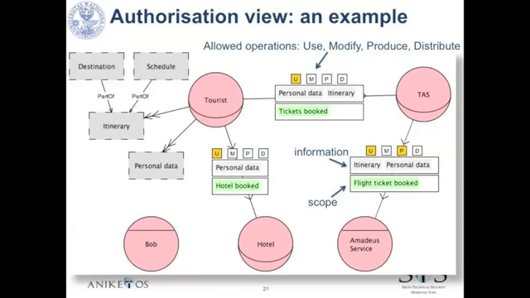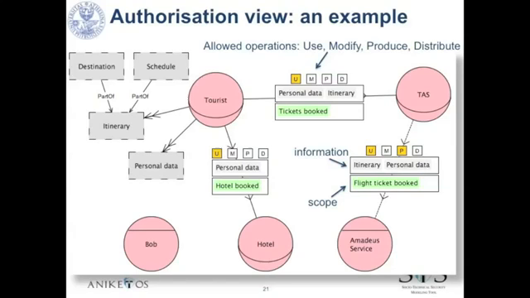And for the last attribute, that of transferability, the way we capture that is through a continuous line. So when having a continuous line of authorization, one can further transfer rights to other people for the authorization has been given. That is why we have this authorization taking place here, even though TAS is not the owner of personal data and itinerary that are owned by tourists.